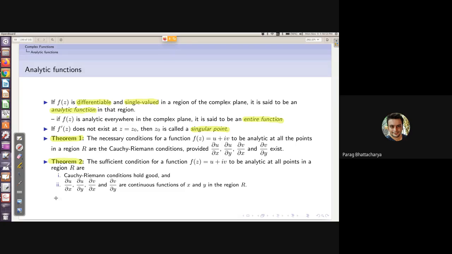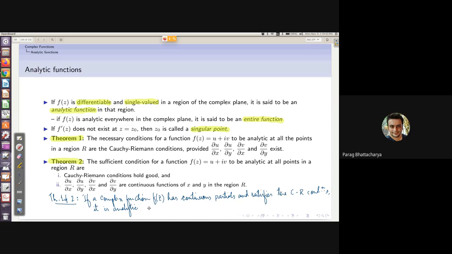So theorem 1 and theorem 2 imply that if a complex function f of z has continuous partial derivatives and satisfies the Cauchy-Riemann conditions, it is analytic, and vice versa.